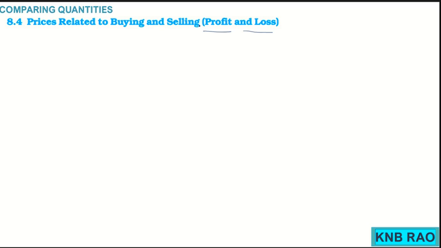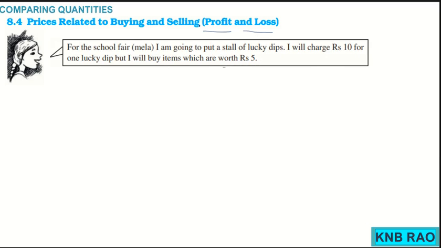Here I am giving you one conversation between two people. First, we have one girl saying, for the school fair, I am going to put up a stall of lucky dips. I will charge rupees 10 for one lucky dip, but I will buy items worth rupees 5.